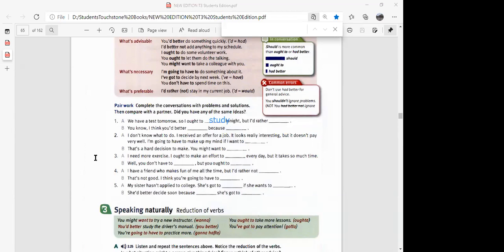But I'd rather not. I think you'd better. For the example, we have a test tomorrow, so I ought to study tonight. I should study tonight, but I'd rather not.